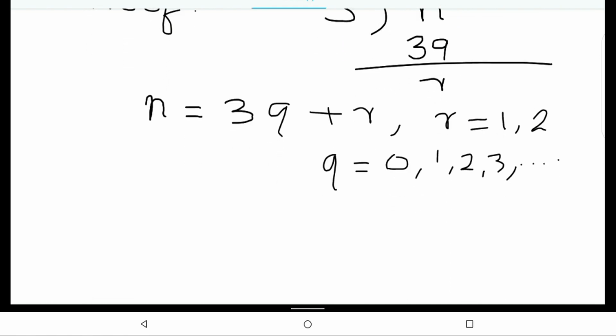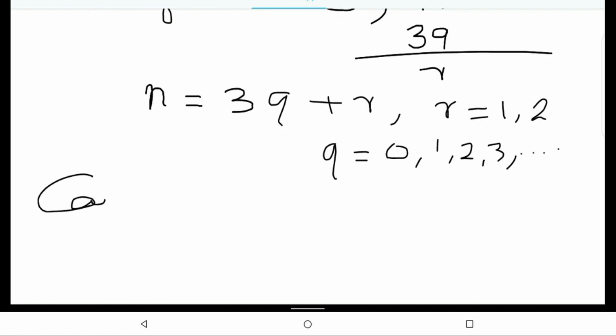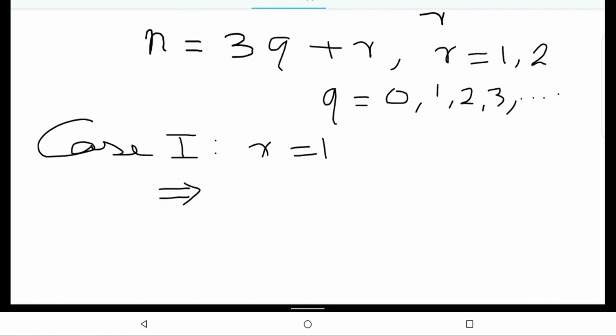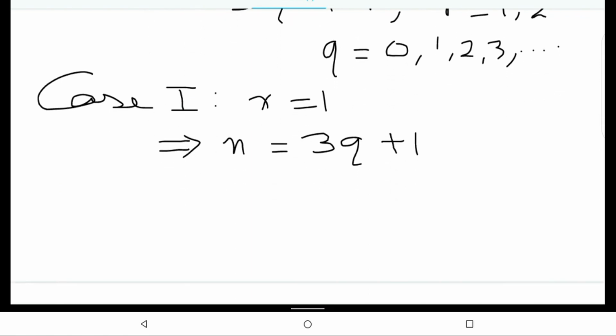Now case 1, r equal to 1. That implies n equal to 3q plus 1, where q is again a natural number.